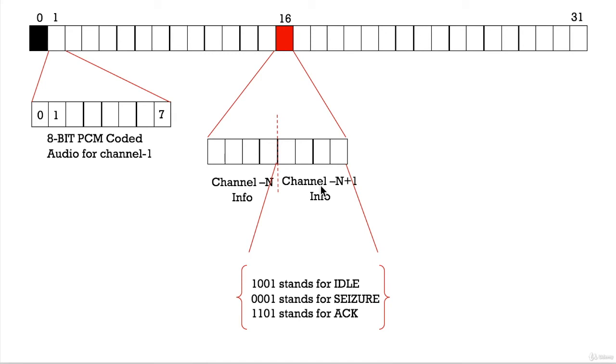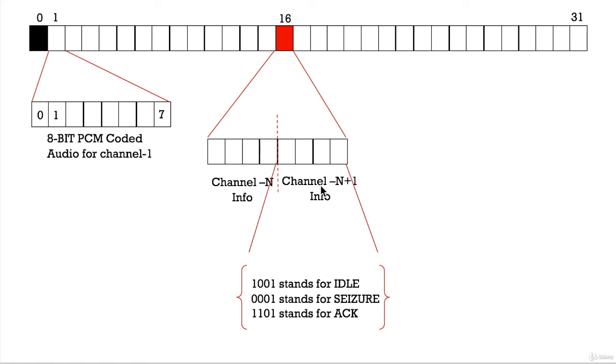Between two frames we have multi-frame synchronization, and that is done by the 0th channel. The 16th channel is the control carrier. It basically contains the information about the commands between two exchanges. So basically there are 32 channels. This 16th channel is 8 bytes of data. It is divided into 2, so 4 bytes for one channel.